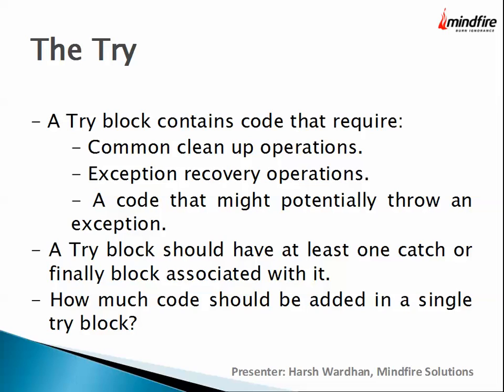In that case, we use the try block for exception recovery. Then there is code that might potentially throw an exception. You don't have an exact idea what exception it will throw, but you have some idea that it might throw an exception. In that case, you usually use the try block.